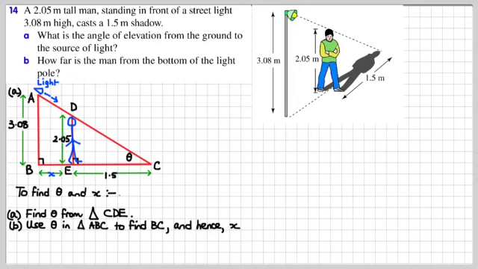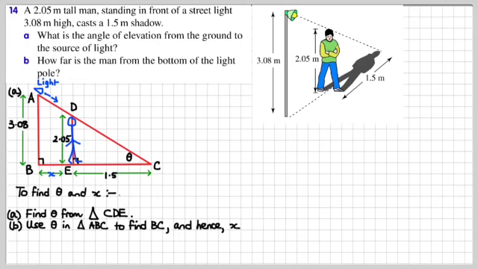Then use that information in part B using the larger triangle ABC, because theta is also in common to that larger triangle, and that larger triangle ABC is identical in shape to the small one, DEC, because they're both right angle triangles. They both have theta in common, and they're absolutely identical in shape, therefore they have the same trigonometric ratios. They're what's called similar triangles, scale models of each other.